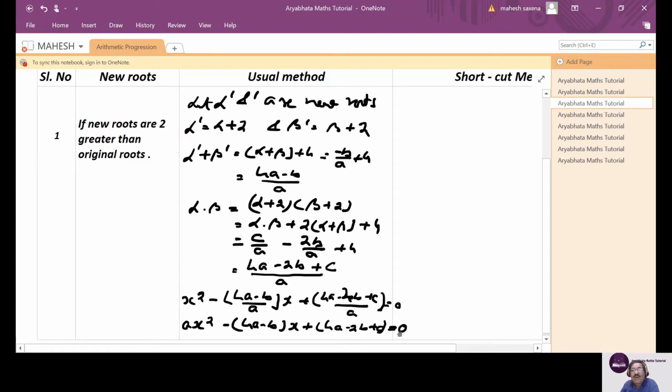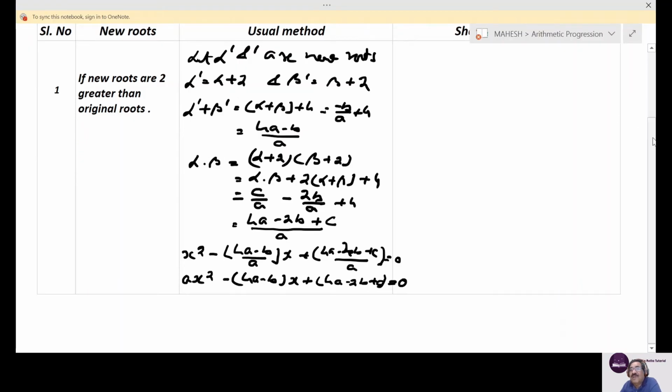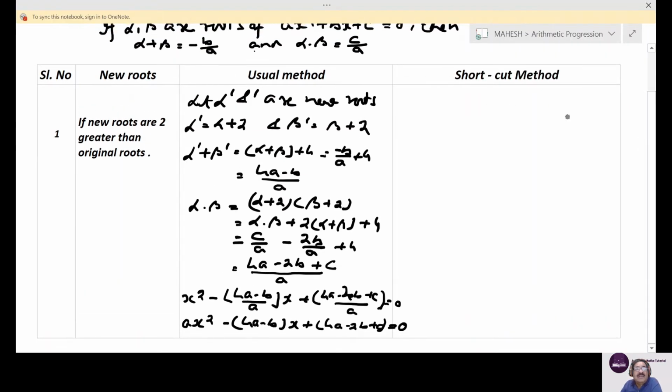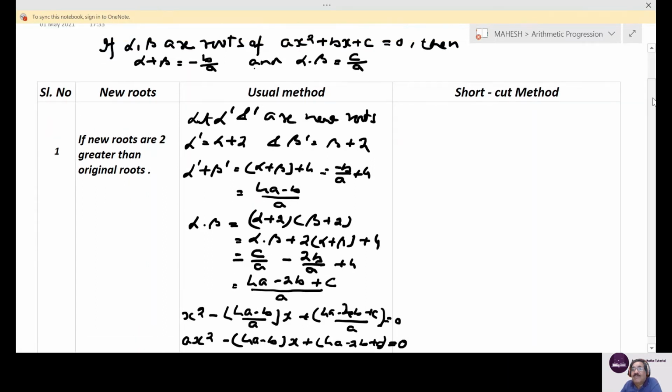Now, the shortcut method. Since the new roots are 2 greater than the original roots, let the new root be capital X, then capital X is equal to small x plus 2, which implies that small x is equal to capital X minus 2.